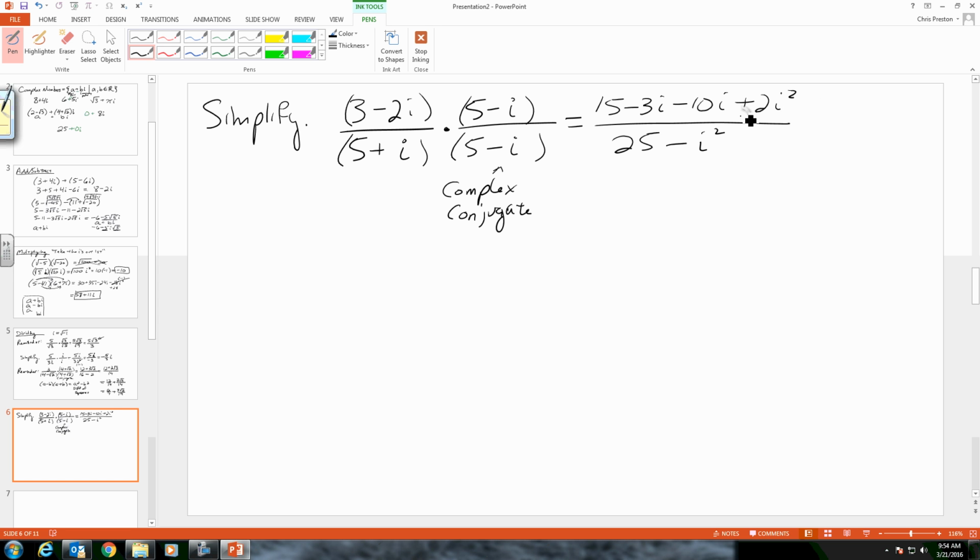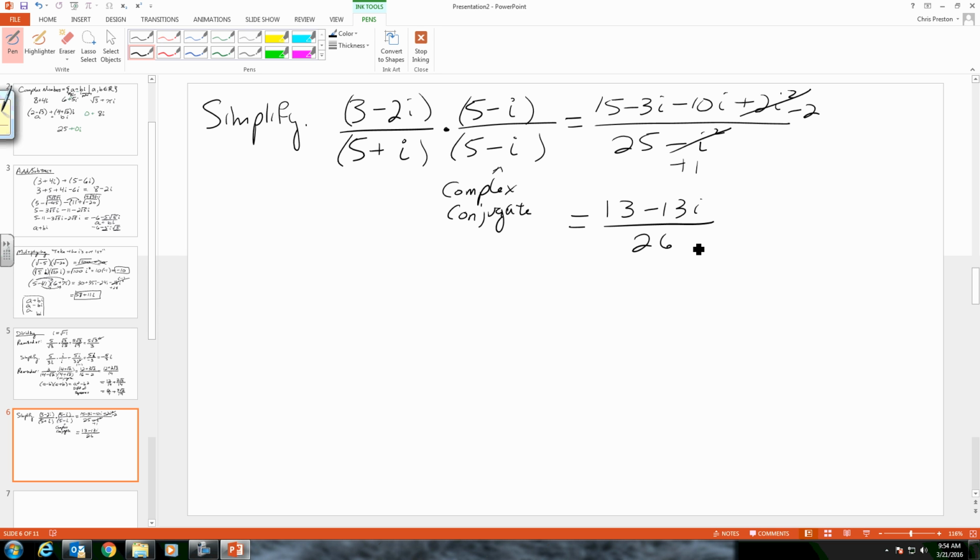So this is -1 times 2 is -2. -1 times a negative, that's really a +1. So combining like terms, 15 minus 2 is 13. 13 minus 13i. Well, that's kind of unusual, but whatever. Over 26.